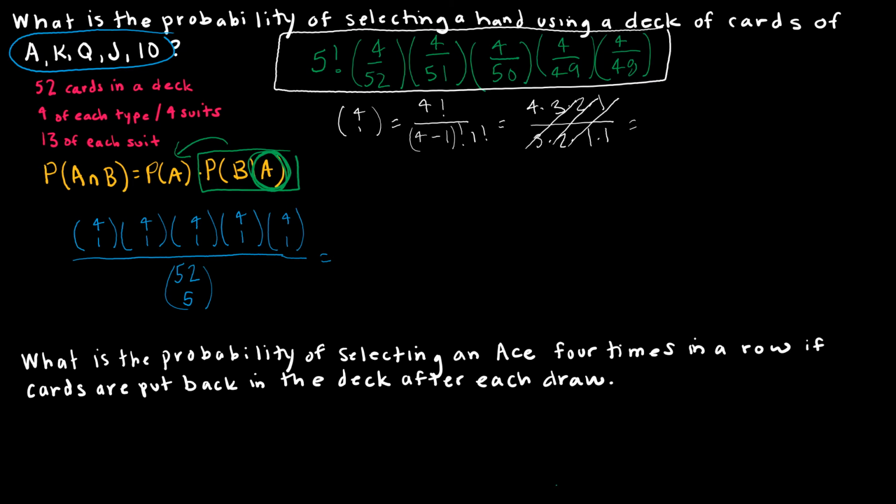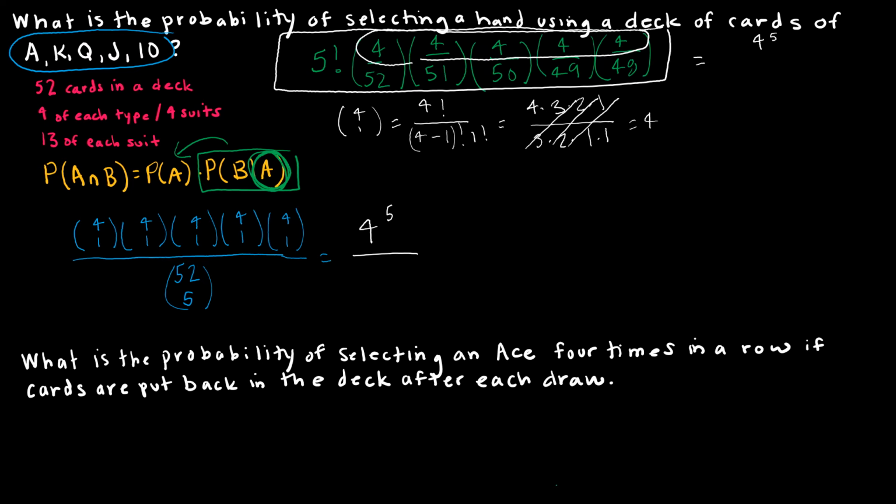So I end up with 4 over 1, or 4. So really what I have in my numerator is 4 to the 5th power. And what I have in my numerator here is 4 to the 5th power also.